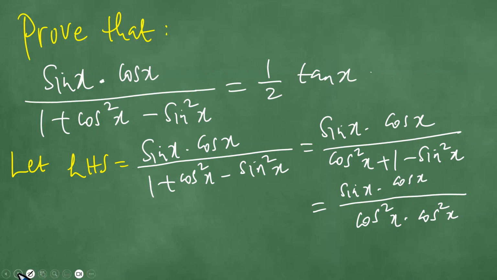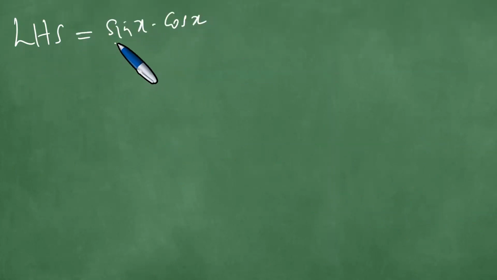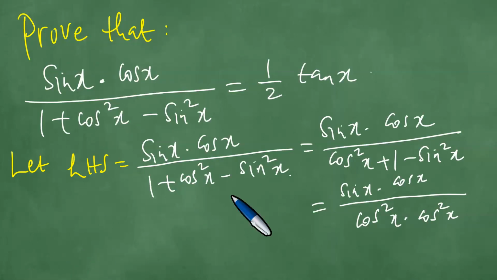So the left-hand side is sine x times cosine x divided by, here you're going to have a plus, cosine squared. We have 1 minus sine squared is cosine squared.